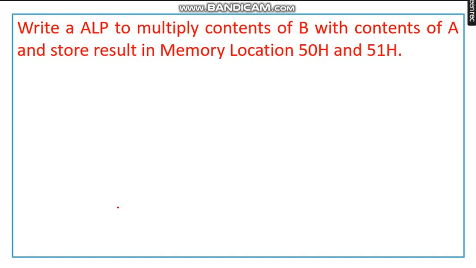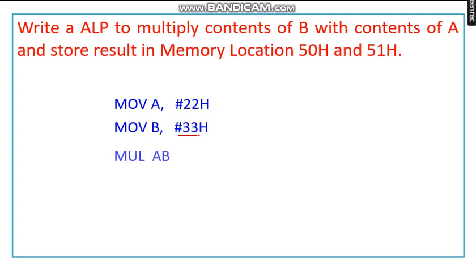So you can see one example. Write an assembly language program to multiply the content of B with the content of A and store result in 50H and 51H. Let's say in A we have data 22H. Let's say in B we have data 33H.